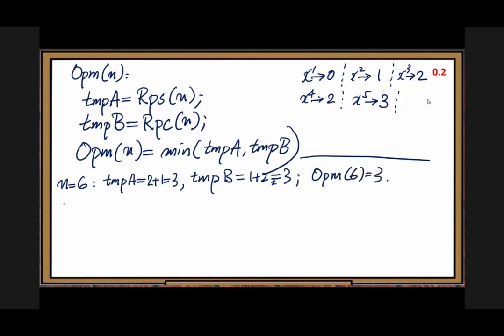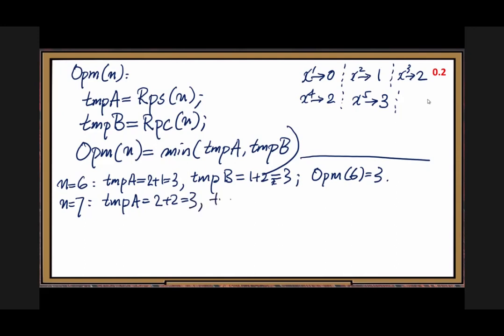Okay? N equals 7. Temp A. Mod 2, 1, okay? So that's 1 plus the half, 3, right? 3 is 2, 2 plus 2. 2 plus 2 equals 3. Okay?